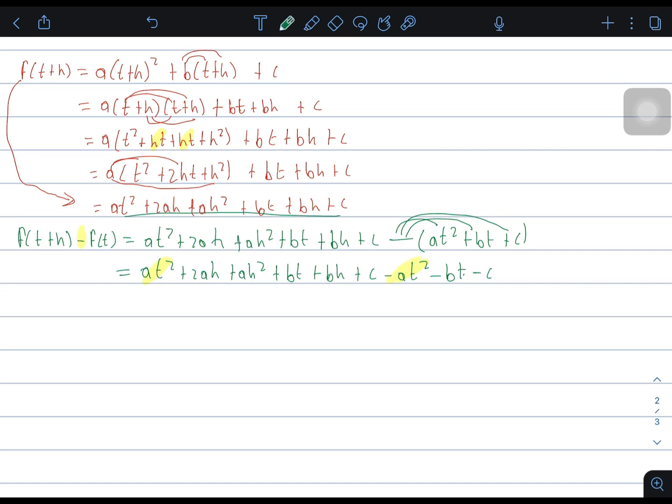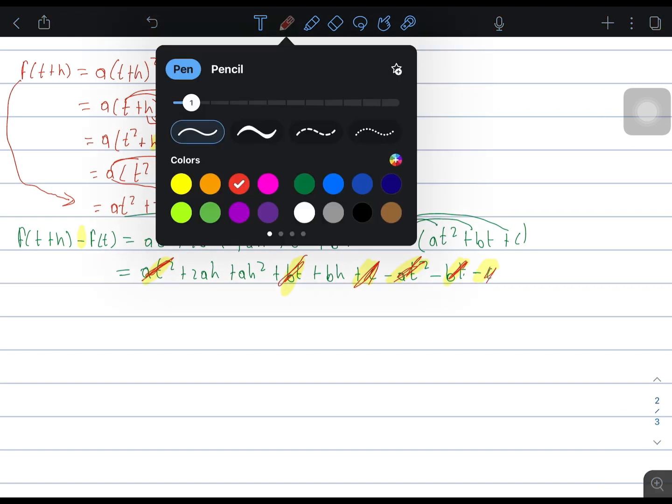That means they cancel each other because one is positive, the other is negative. Then another like term I see is bt and minus bt, which have opposite signs, so they cancel each other. Then we have another like term, c, which is positive, and here you see it's minus, so they cancel.